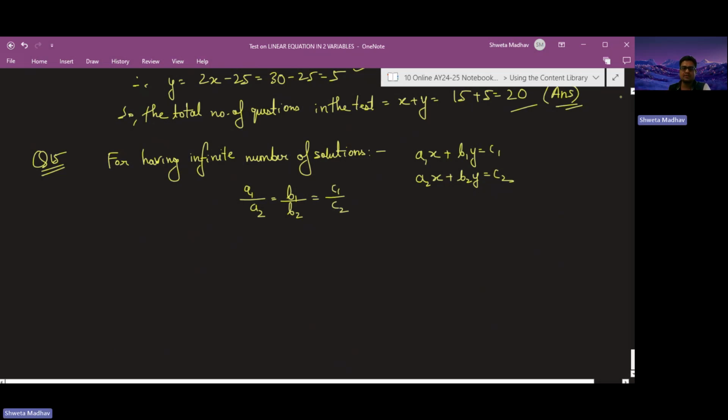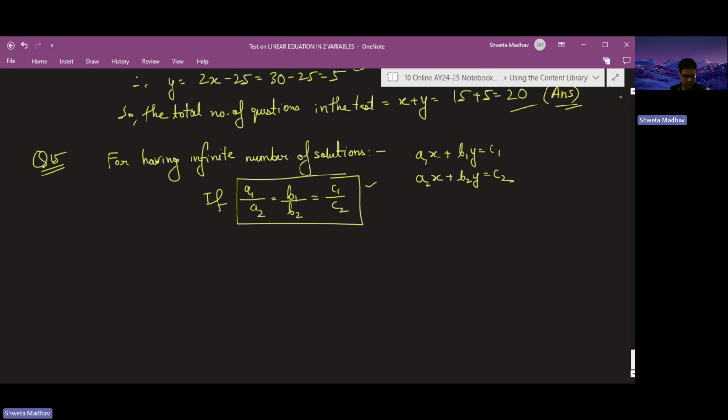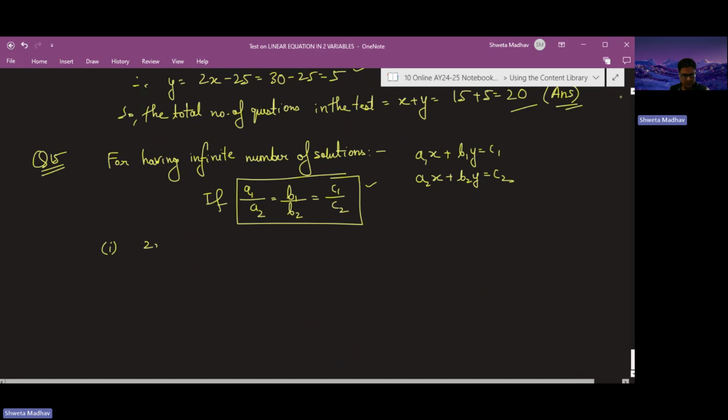If this condition is satisfied, then only we will have infinite number of solutions. So here it's told that the first equation is 2x plus 3y equals 7.